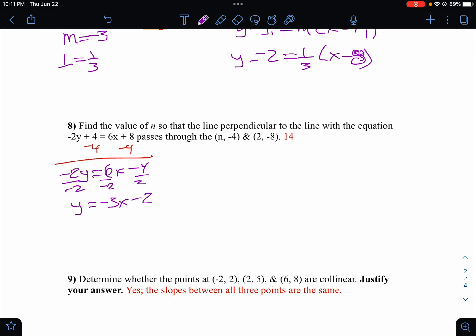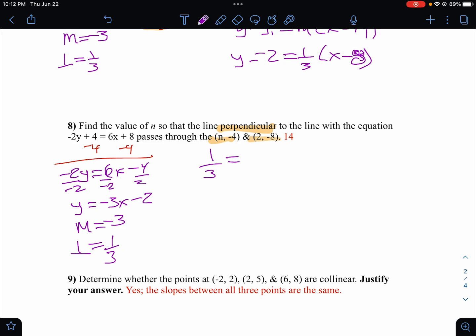Now, my slope is just like it was in number 7. My slope is negative 3. I want to be perpendicular because we have perpendicular there. So my perpendicular slope is going to be 1/3. Now, rather than do an equation, I'm just going to use my slope formula. Say my slope is 1/3. I'm going to subtract my 2 points, my x's and my y's.